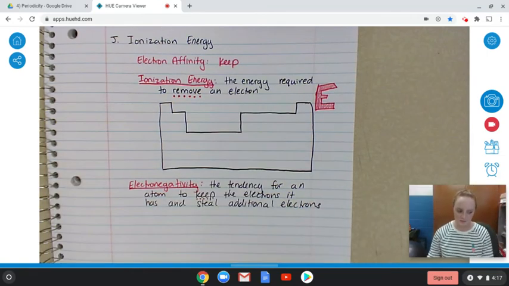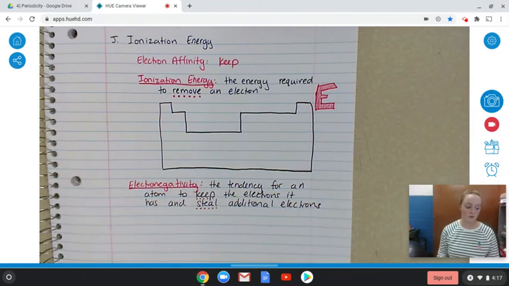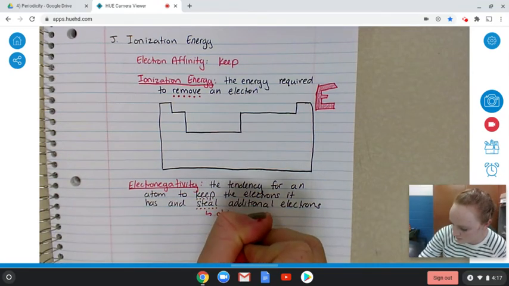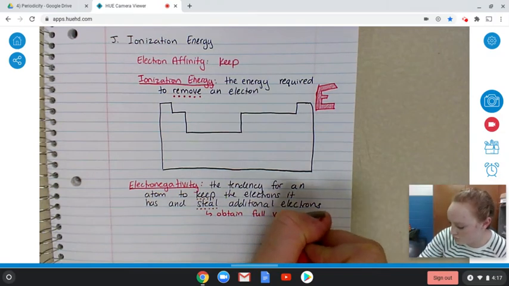So we're talking about keeping, and we're talking about stealing. And if you remember, we steal in order to obtain a full outer or a full valence shell.